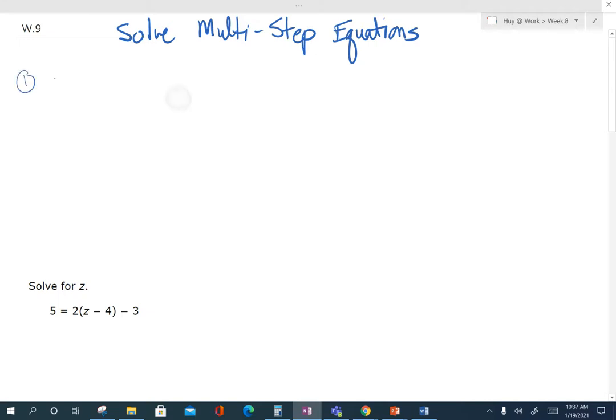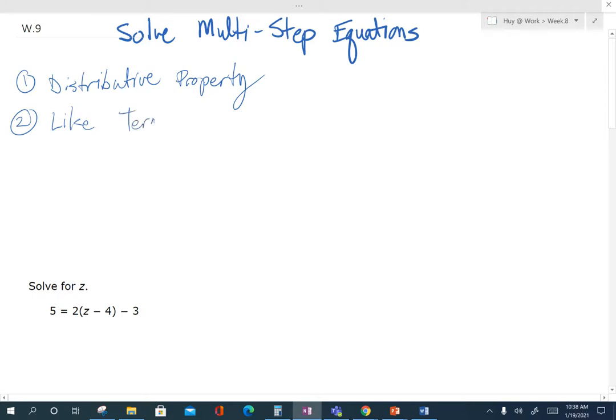So things to look for. You need to look for if distributive property is going to be required. You need to look for like terms if you're going to need to use that.